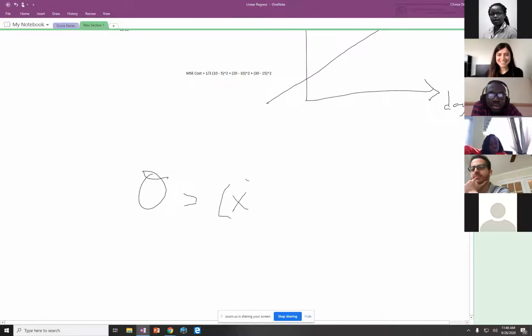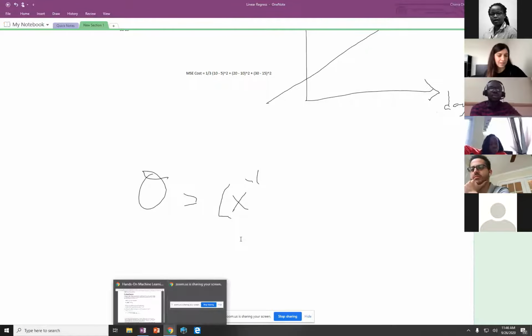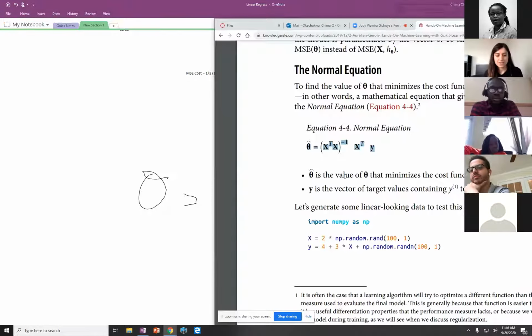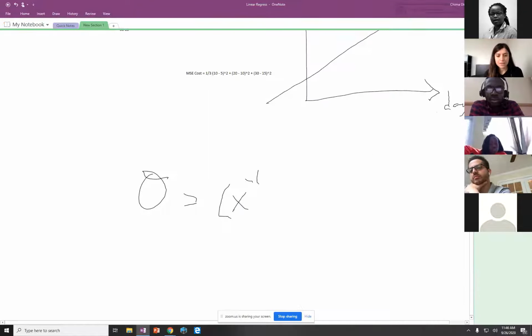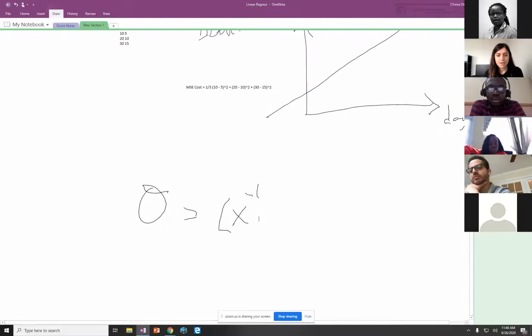Theta is equal to x transpose x, to the power of minus 1, and then x transpose y. I'm not going to attempt to prove it, but I will explain why.